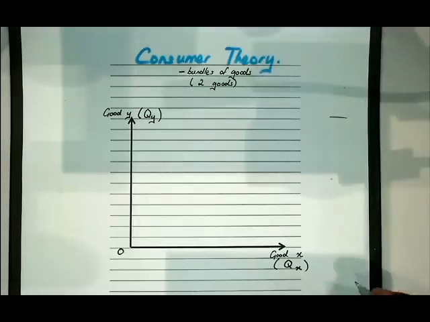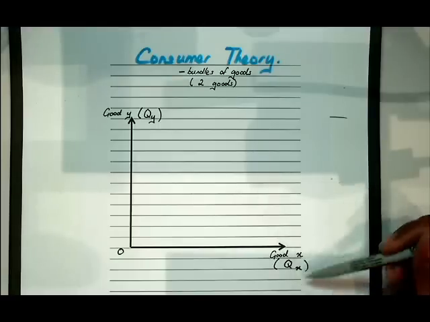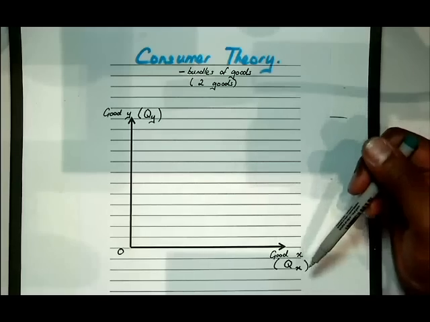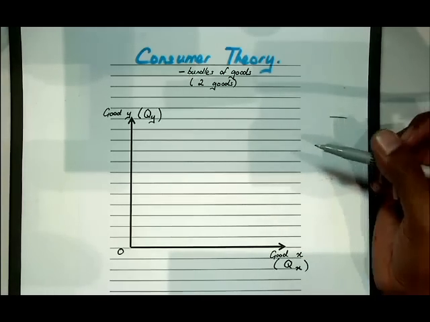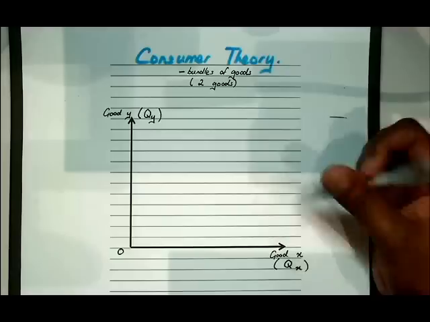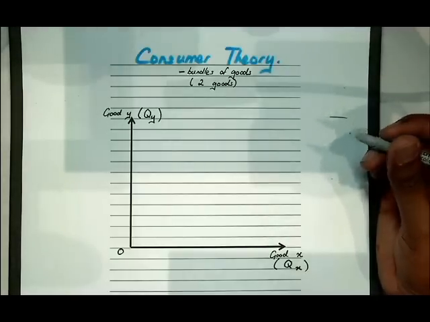So we're looking at different bundles that a consumer can afford, and therefore two different goods. That's to keep it two-dimensional. You can do it for three goods, it'll be a 3D graph, four goods, whatever, but two goods simply keeps it nice and two-dimensional for us.